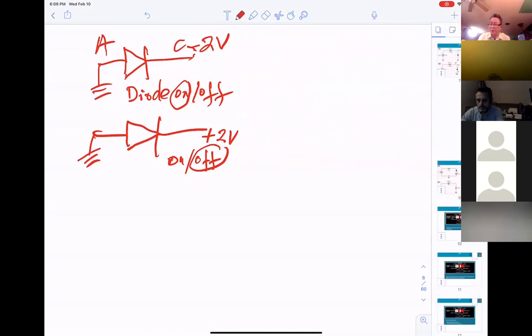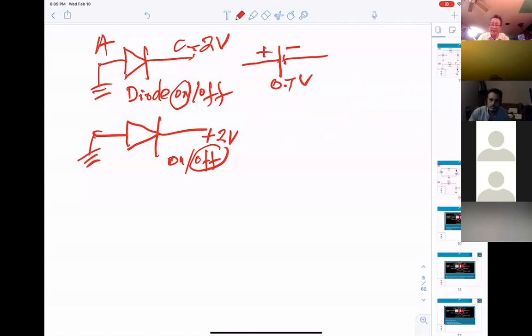That means now you get a battery, positive here, negative here. This is positive, this is negative, and the value will be 0.7 volt.